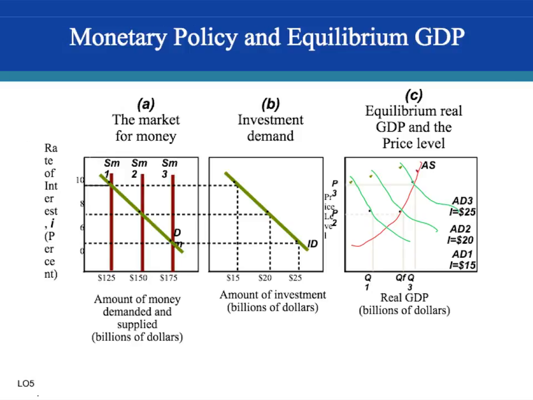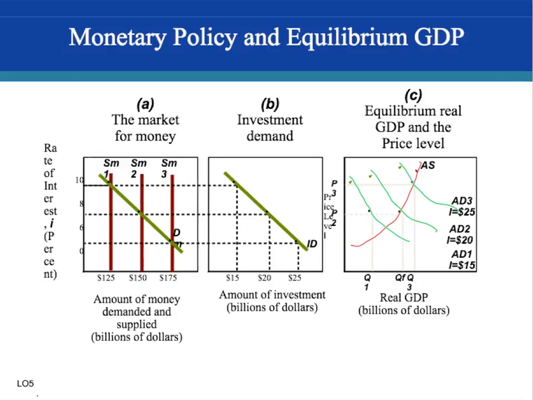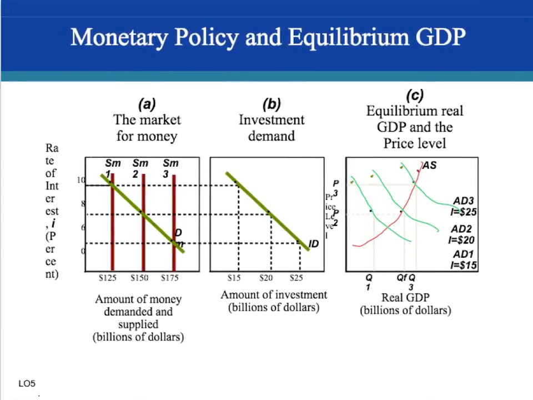All right, so what we have here is the Fed wants to increase the money supply. Let's say we are in a recession and the Fed wants to increase the money supply to lower interest rates. So we go from SM1 to SM2, and we see here that interest rates fall.